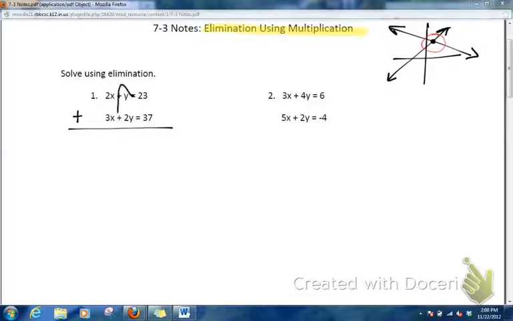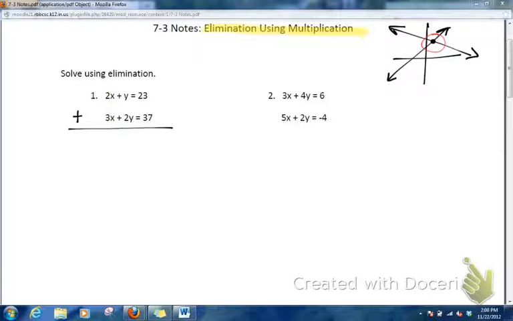And with the y's I have a 1y and a 2y, and that's also never going to make 0. So what you need to do here is multiply either just one or both of the equations by a certain number in order to make the x's the same number or the y's the same number.